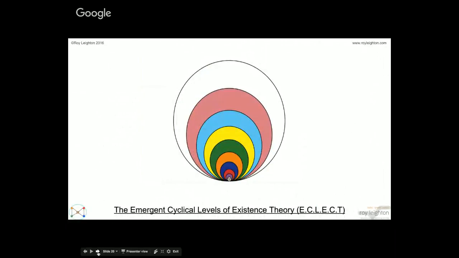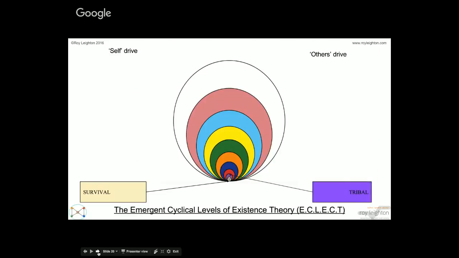The psychology, we looked at the neurology a little bit. The psychology of this is based upon the work of Dr. Clare Graves. It's called the Emergent and Cyclical Levels of Existence theory, or more colloquially, spiral dynamics. And it's about exploring the self and others dynamic that we are hardwired to as children.